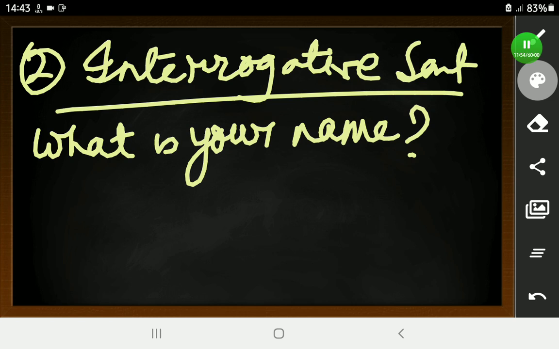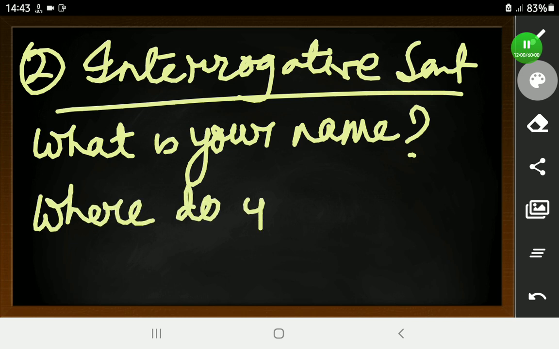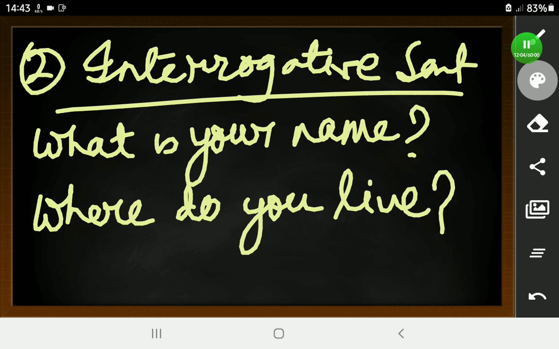I give you another example. Where do you live? Question mark. So this is another example of an interrogative sentence. So the interrogative sentence is the easiest one.